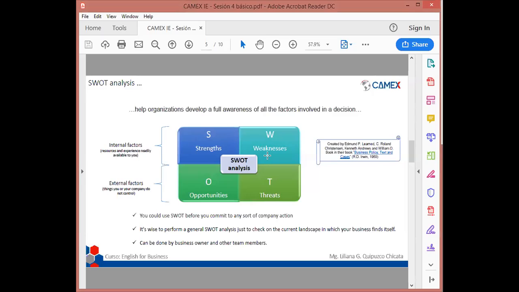In this case, it will be better if it is done by the business owner and also other team members, because we will have more opinions on how everything is going. Remember that a business owner will be more likely to see only the good things that are happening in the company.